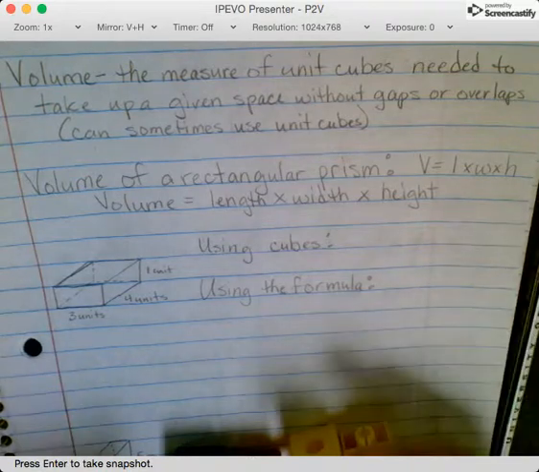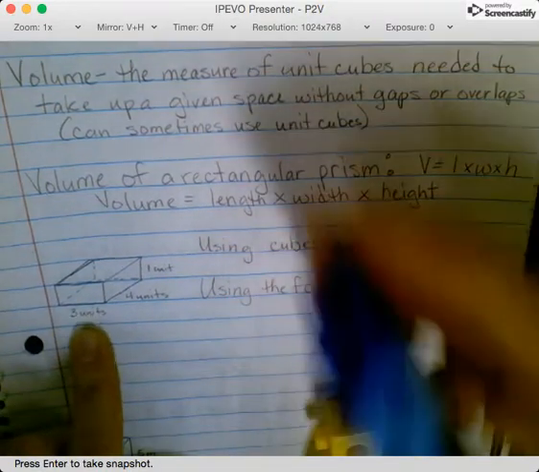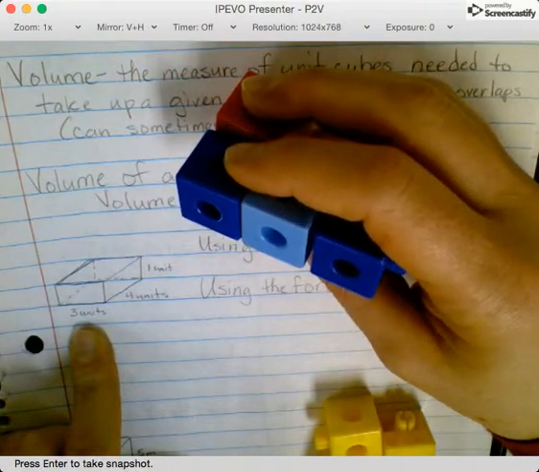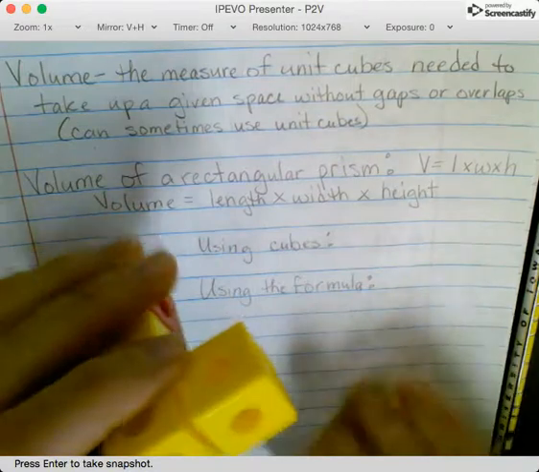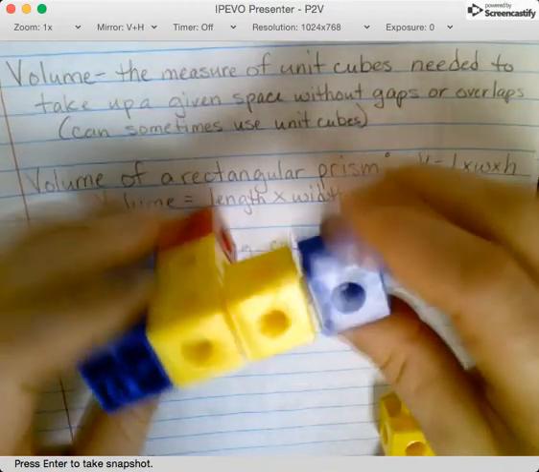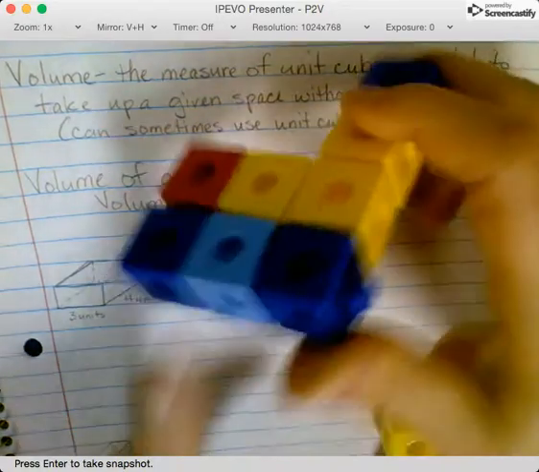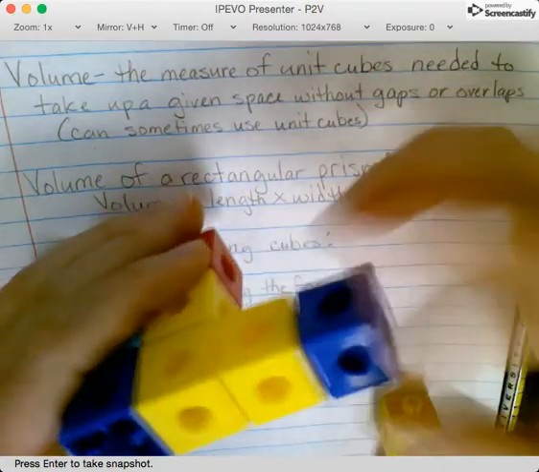Okay, so first of all, using cubes, let's say I have something that's 3 units one way, 4 units the other way, and 1 unit the other direction. So this would be 3, 4, and 1.